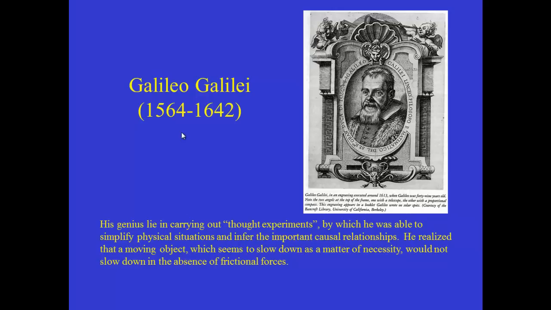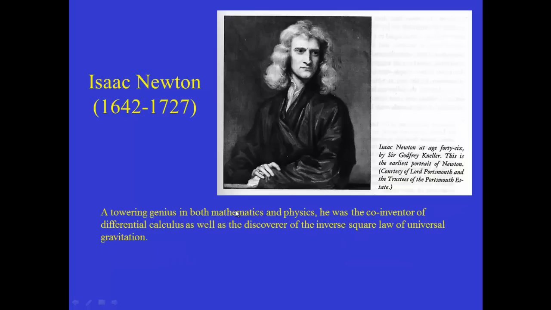Imagine a book sliding across the surface of a table. Galileo realized that those objects actually would not slow down if there weren't frictional forces between that object and the surface it's moving on. And so he was able to come up with this intuition that forces don't cause motion, but they cause the change in motion. Frictional forces cause things to slow down and eventually stop.